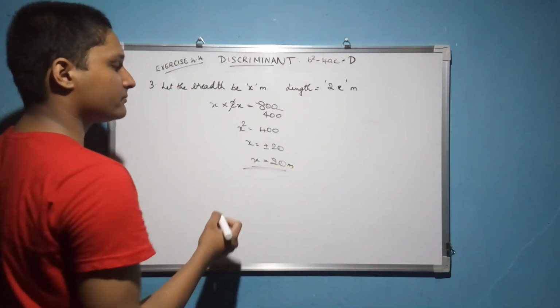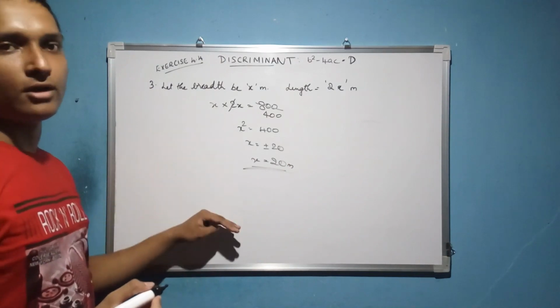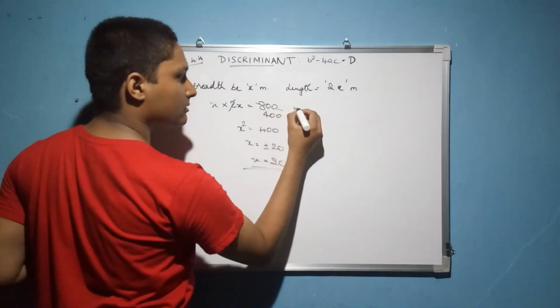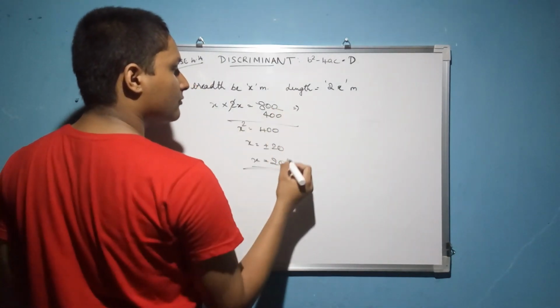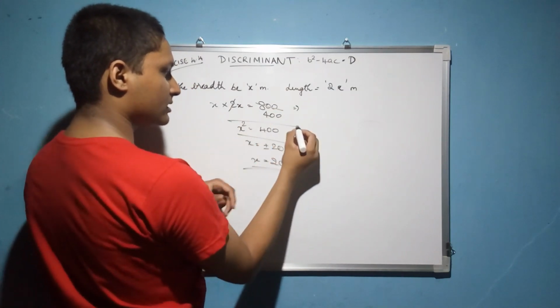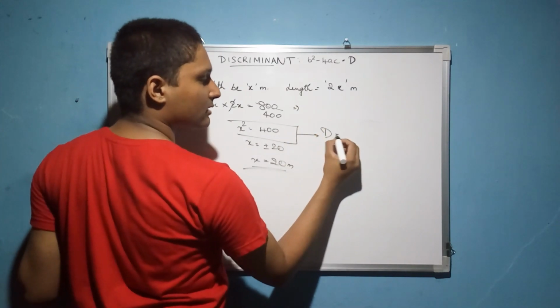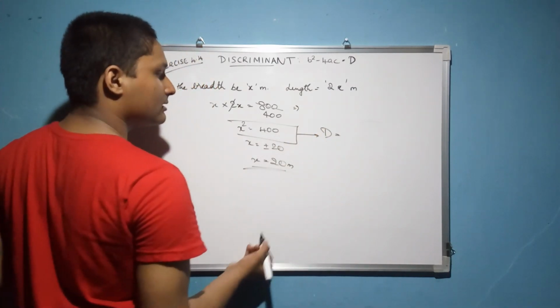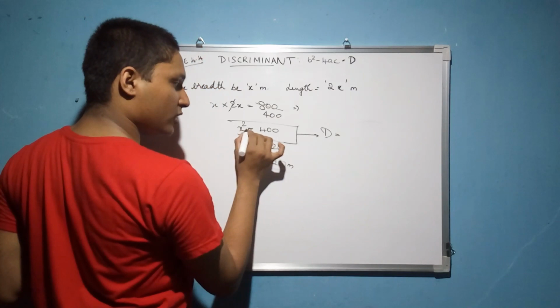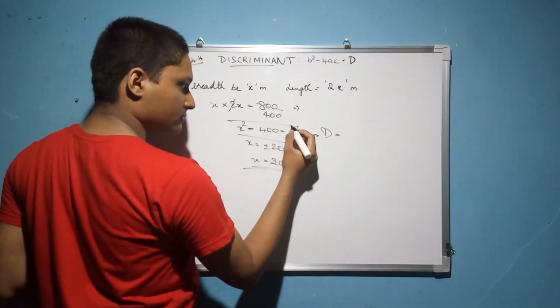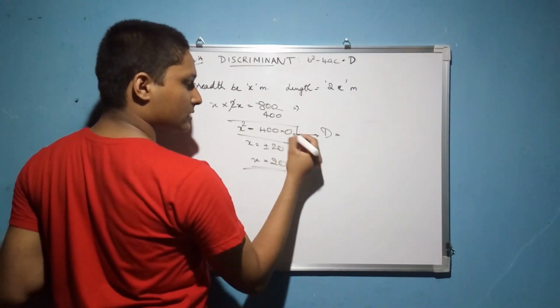Therefore it is possible. So this one I found directly, but as for steps, we need to write up to this much. Then after that you need to go to the discriminant. You need to find what the discriminant is. Here you can write this in the form x square minus 400 is equal to 0.